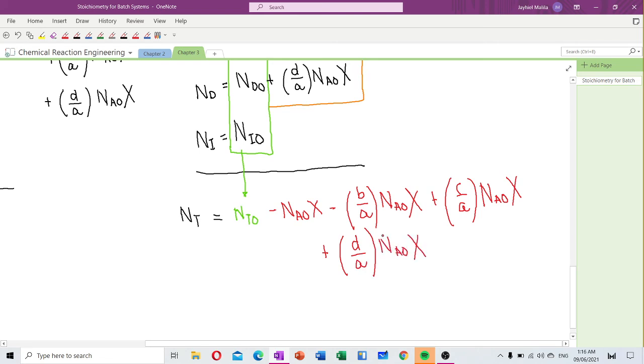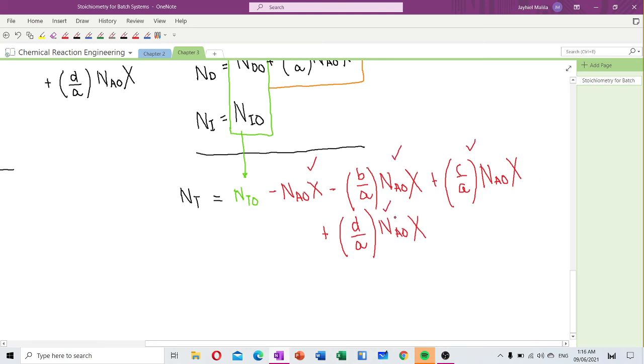So notice that these terms written in red have a similar term, which is NA0x.